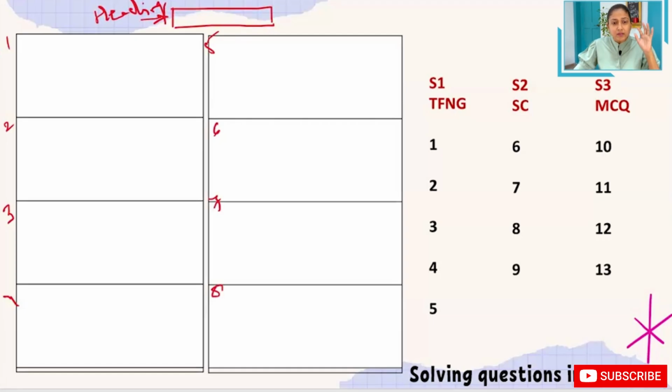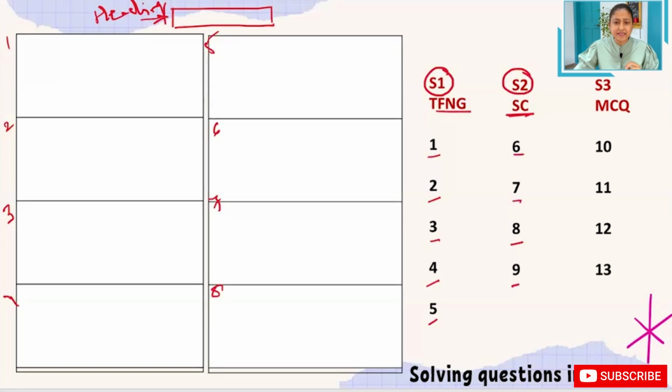Now, to this passage, there are 3 sets. Let's say set number 1 is true, false, not given, okay? For which we have 5 questions. Question 1, 2, 3, 4 and 5. Then let's say there is another set to the same passage, which is set number 2, and this set is to complete the sentences, wherein there are 4 questions, question 6, 7, 8 and 9.